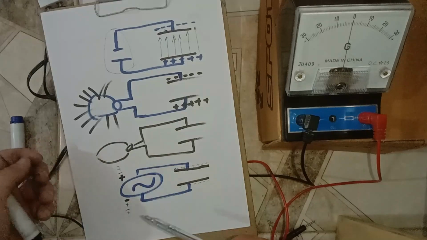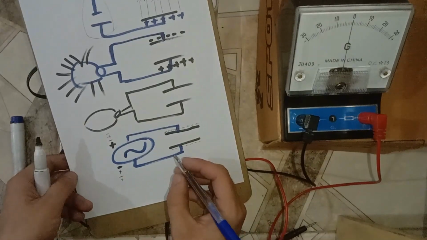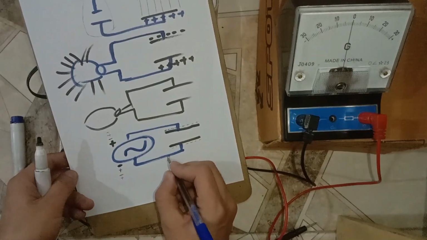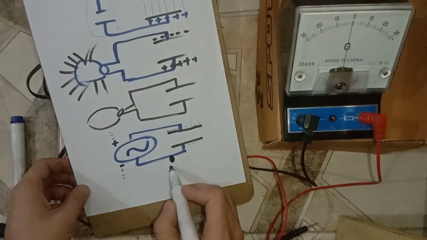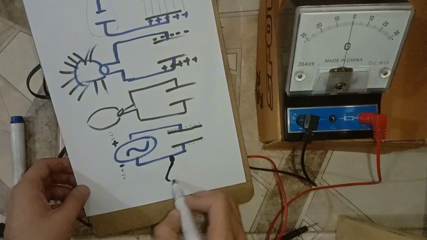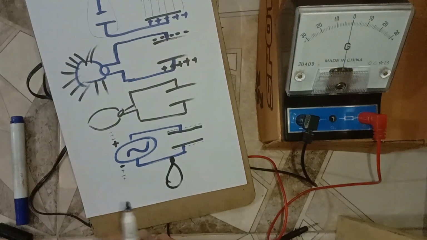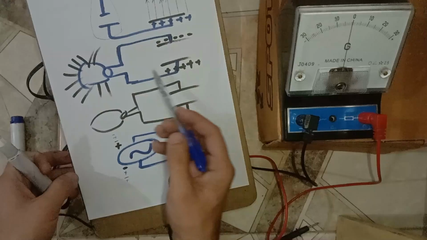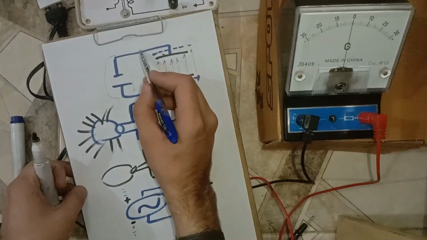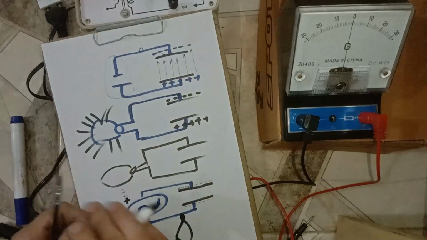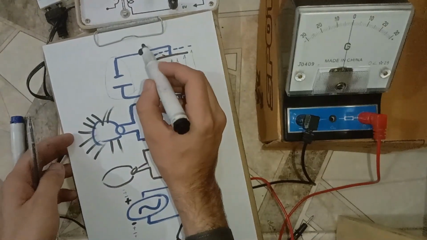So the last question here is, what will happen if I connect the bulb here? Just like in the previous case, where we connected the bulb here. Now what will happen if I connect the bulb here?